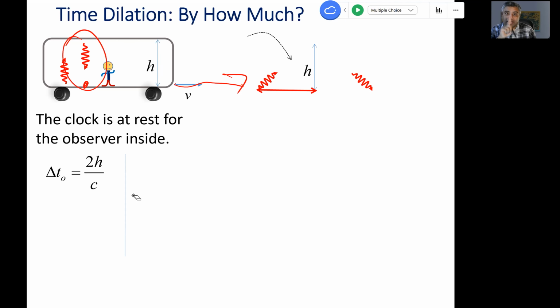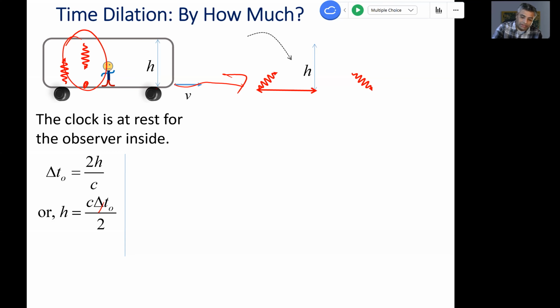As long as the clock is in that frame of reference, the time given by that clock is the proper time. But if you are trying to look at time from a moving clock, then that's not proper time, okay? So the clock has to be stationary with respect to the observer. That's the main thing here. Okay, so this is proper time, great.